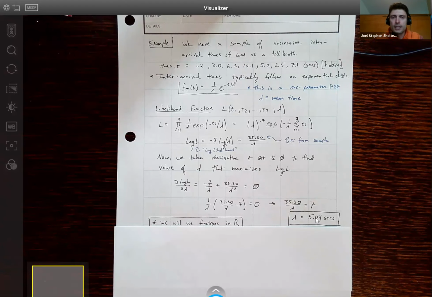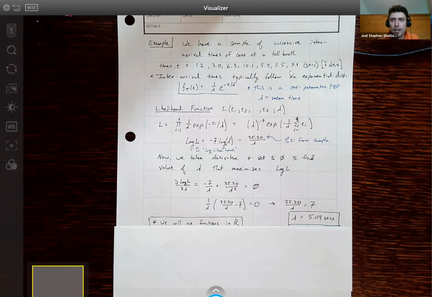Know that you could also take this data and calculate lambda as the mean of the data. So what's the mean of all these values? Just grab a calculator and do that real quick. All right, so 1.2 plus 3 plus 6.3 plus 10.1 plus 5.2 plus 2.5 plus 7.1 divided by 7.